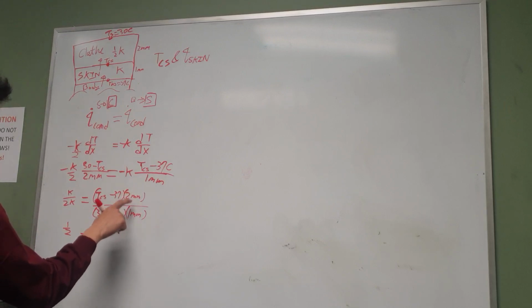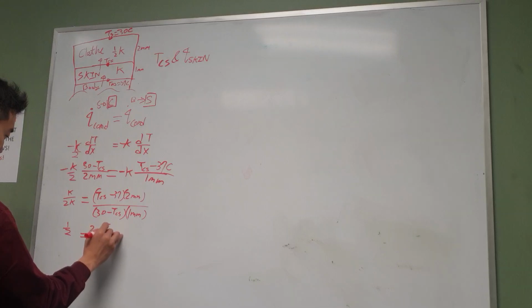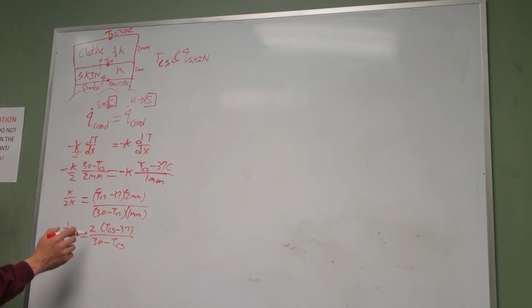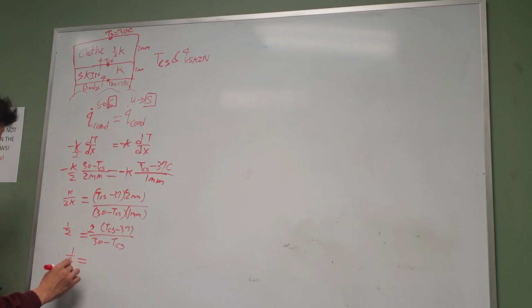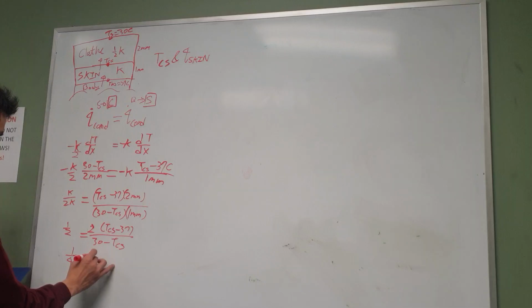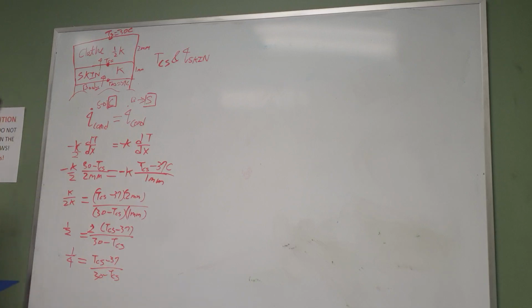This 1 and 2 cancel out to become 2, and this 2 we can divide by 2 again to make it 1/4 on the left. 30 minus TCS equals 37 minus... So 1/4 of 30 minus TCS equals TCS minus 37.